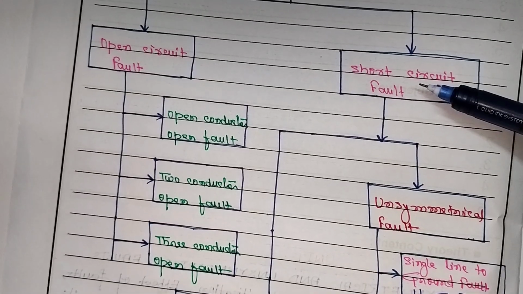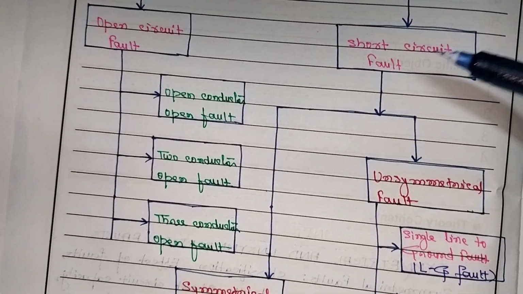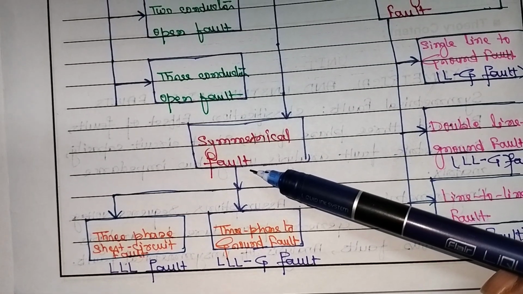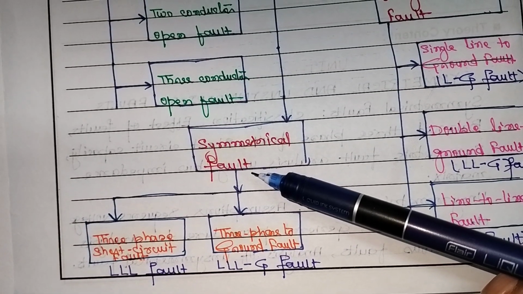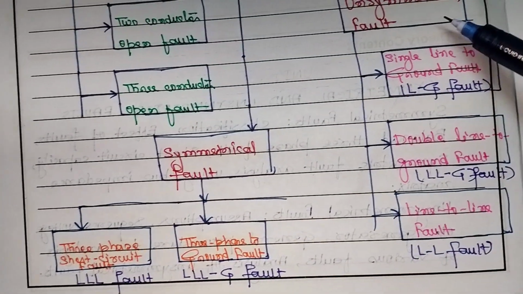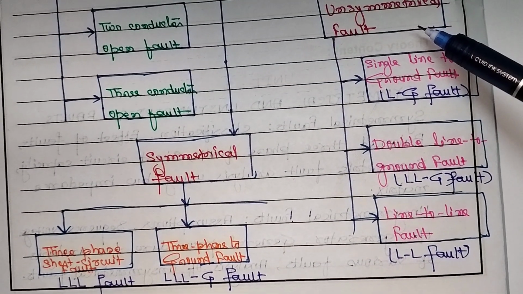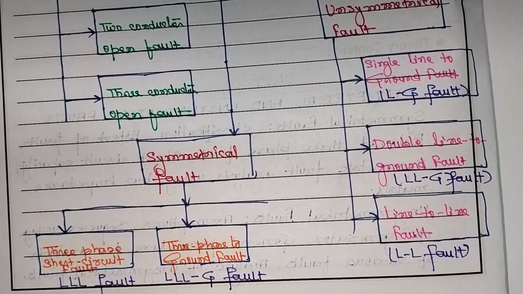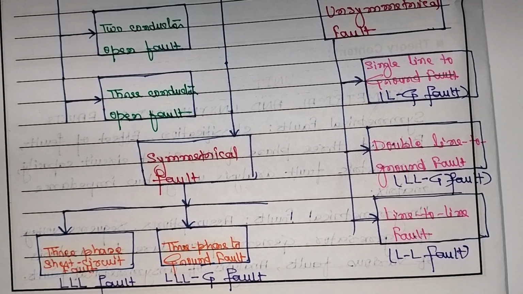Symmetrical faults are less frequent but the most severe type of fault. Unsymmetrical faults are the most common and require protective relays and circuit breakers for quick isolation.